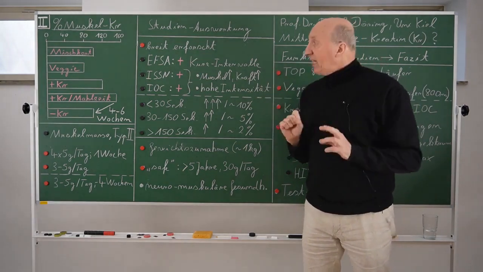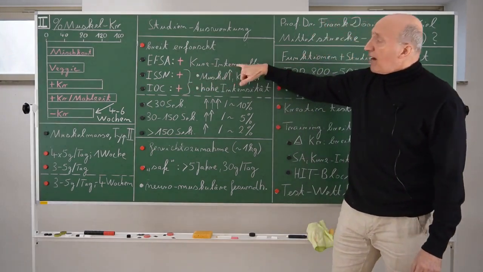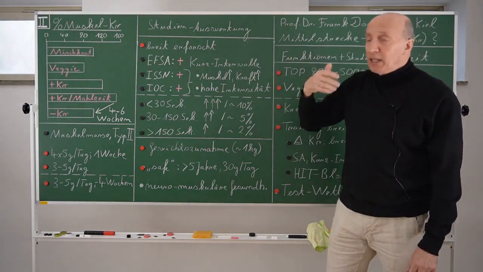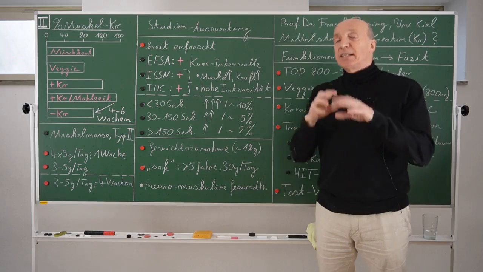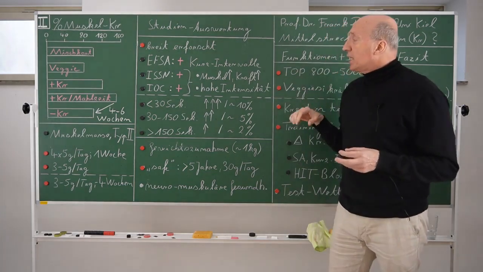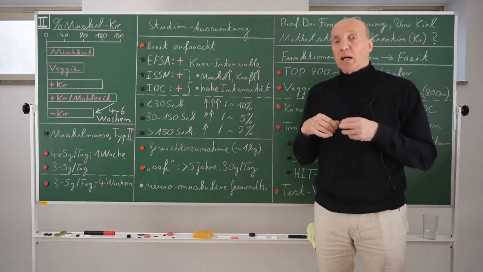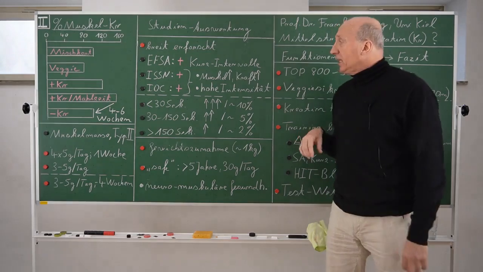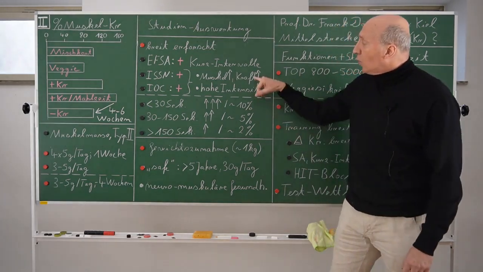now specified in the sense that the performance of short intervals, I'll get to the length in a moment, is also increased by short intervals. This is shown by the vast majority of studies and the corresponding meta-analyses. That muscle building under hypertrophy training is improved by creatine supplementation, as well as strength.